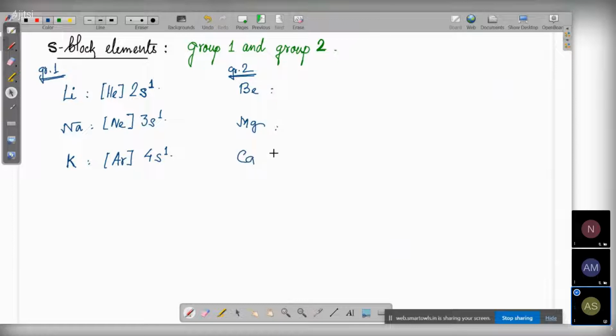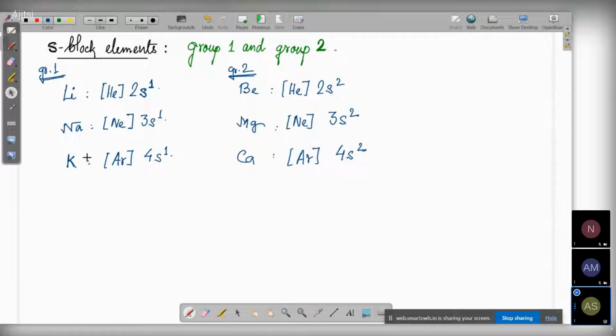Beryllium is helium 2s2, magnesium is neon 3s2, calcium is argon 4s2.